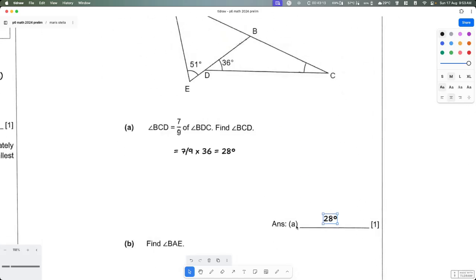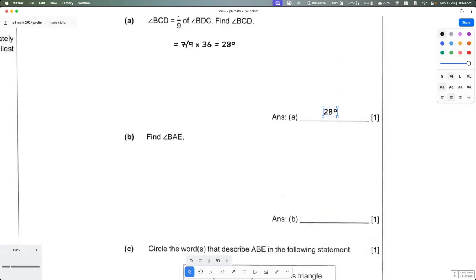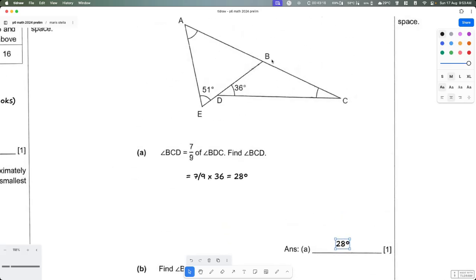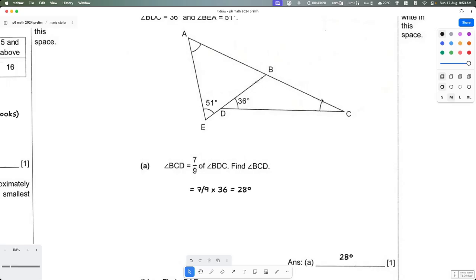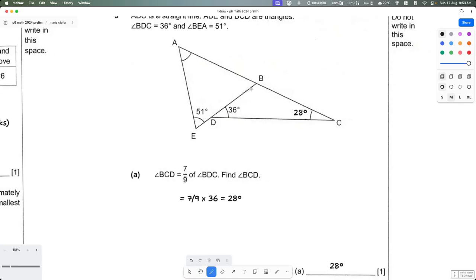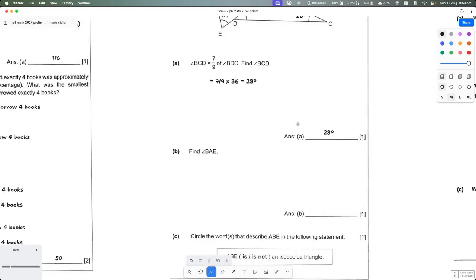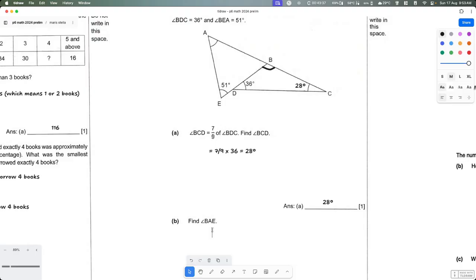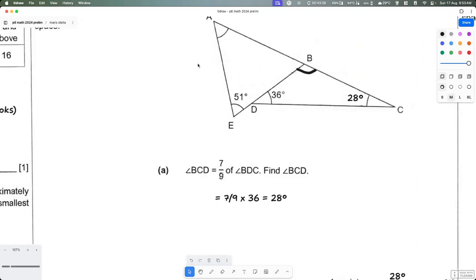Find BAE, right? For BAE over here, we know that this is 28 degrees, and we know this is 51 degrees, so we can get this. Let me zoom in so it's easier.